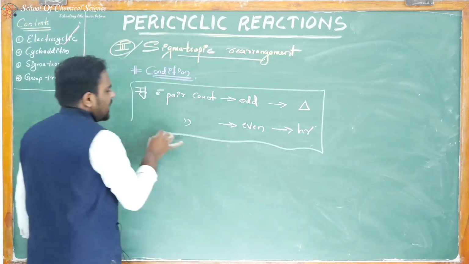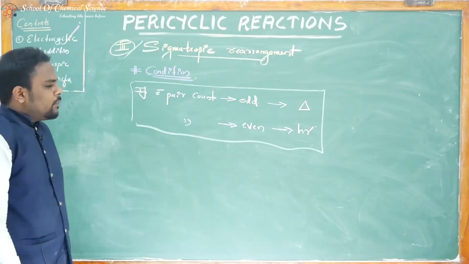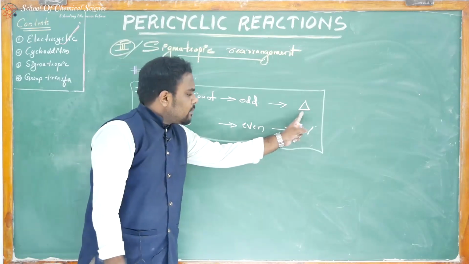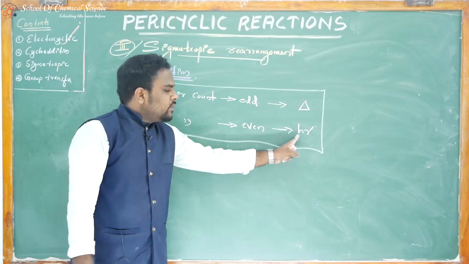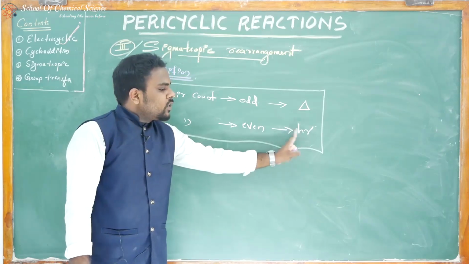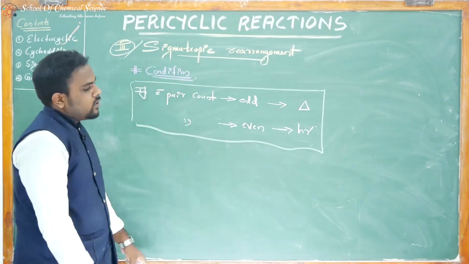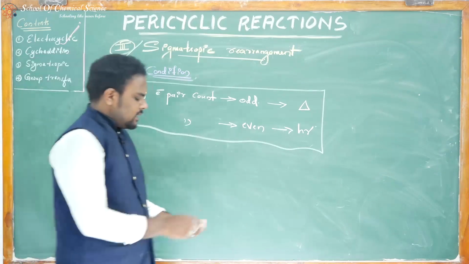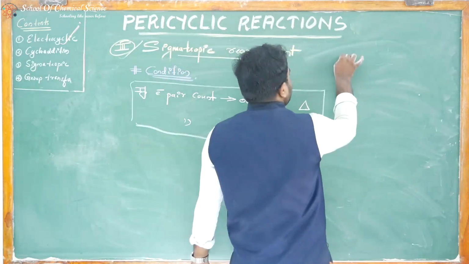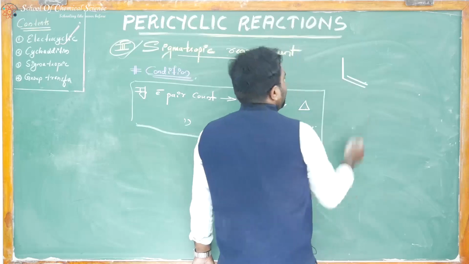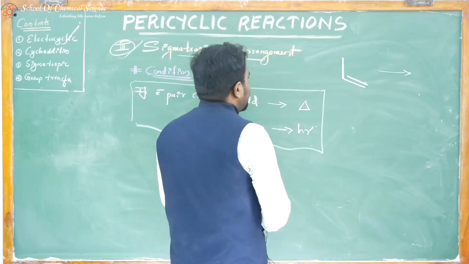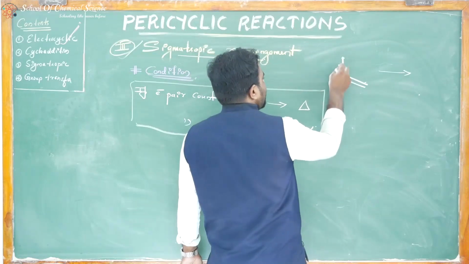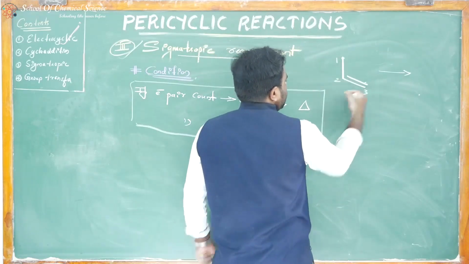If your electron pair count is an odd number, the reaction will be under thermal condition. If the electron pair count is an even number, the reaction will be feasible under photochemical condition. For example, a sigmatropic rearrangement. An allylic carbon is present. This is the allylic carbon, so that is 1, 2, 3.